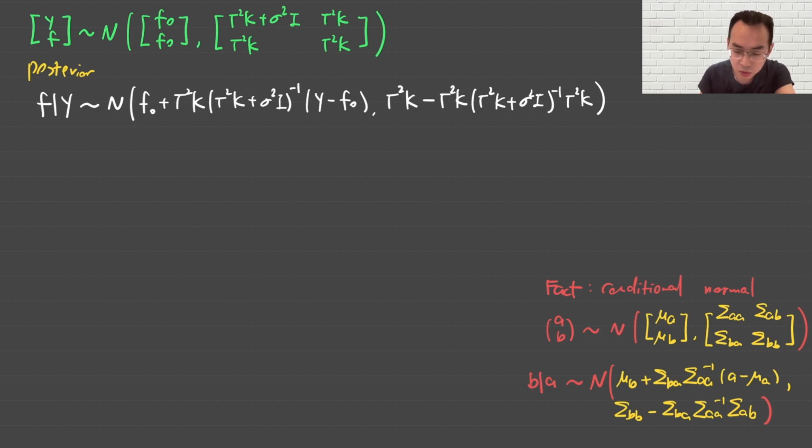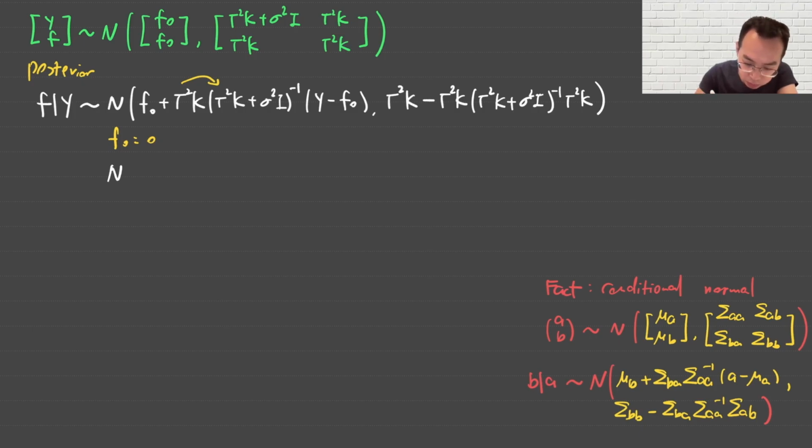So let's just do a few simplifications for this, and we'll see the kernel ridge regression is there. The first thing that we can do is just set f0 equal to 0, right? The next thing we can do is move this tau square term inside, because we have an inverse in here, that's going to cancel with the tau square.